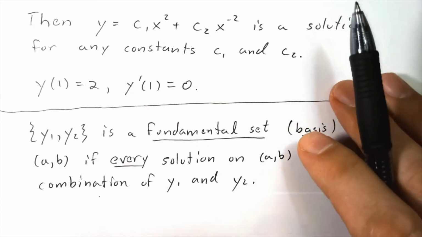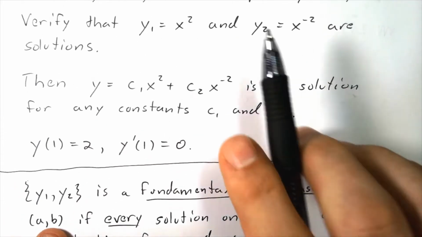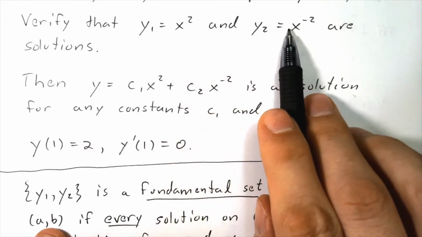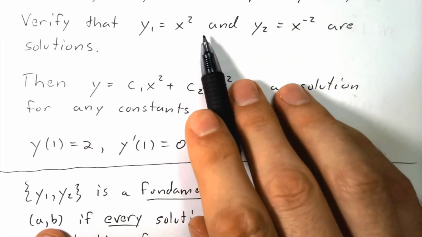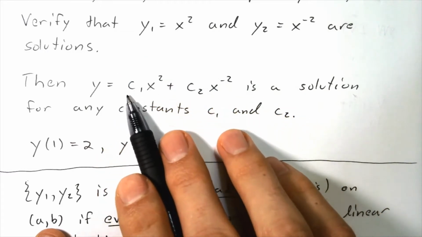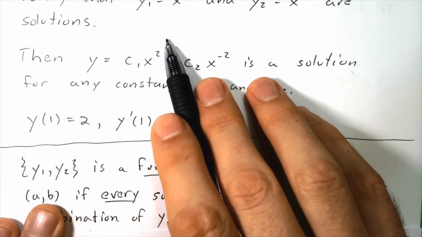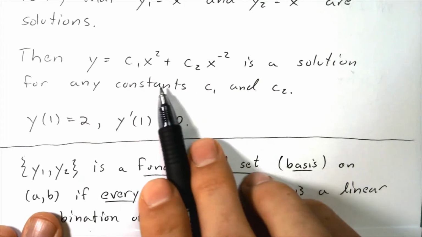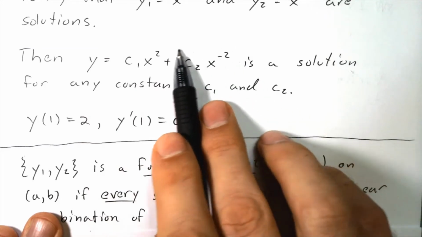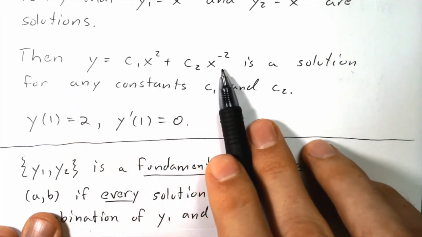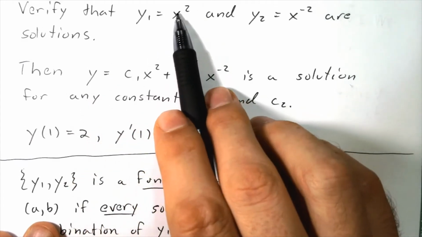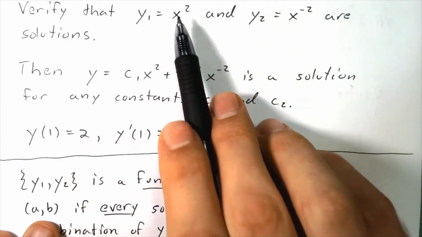Okay, so to say that these are a fundamental set, x squared and x to the negative 2, would give us a positive answer to our question that yes, every solution can be written in this form, right? Because that's what it means to be a fundamental set. Every solution could be written as a linear combination of these two functions. So that would mean that every solution could actually be written like this, and so this would be the most general solution. But we need to verify that these are a fundamental set.